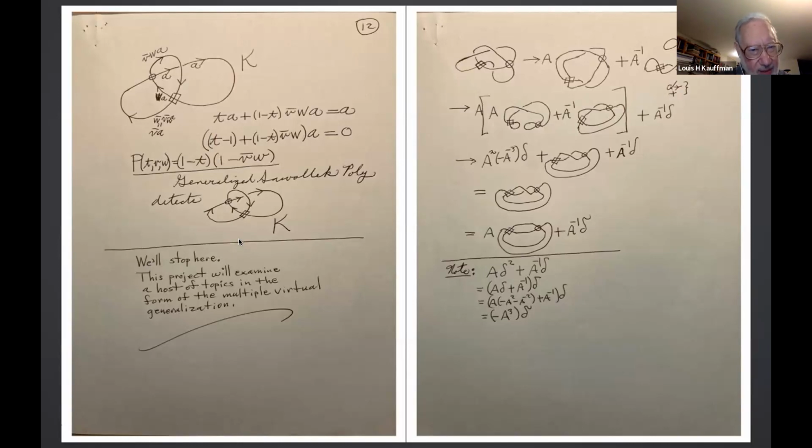But when they interact with one another, they don't necessarily cancel each other. And that, I believe, is quite an interesting formal generalization of virtual knot theory, that because of the graph theory that I started with, has some very non-trivial things to look at right at the beginning. And that's the project. There will be a paper about this in a couple of weeks, I hope. And I'll stop there.